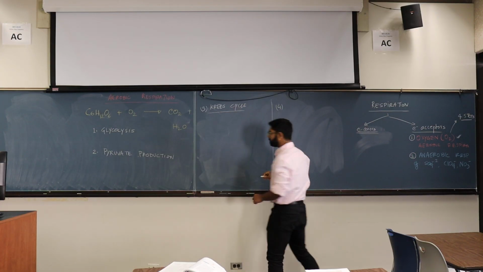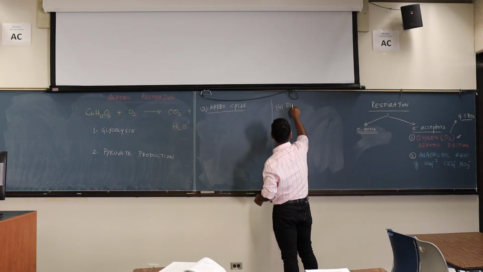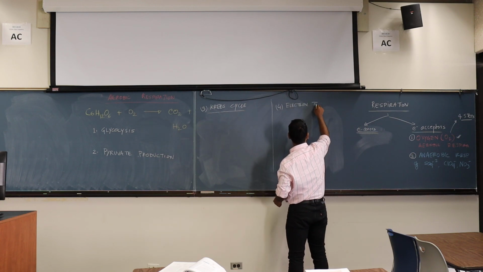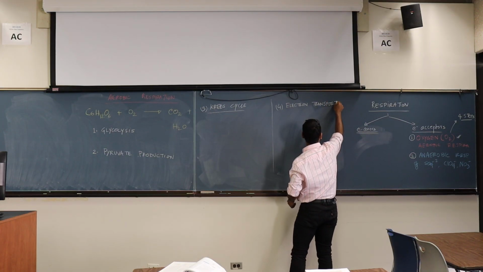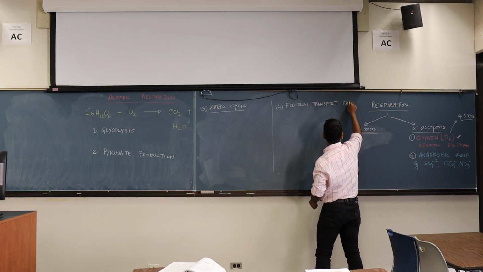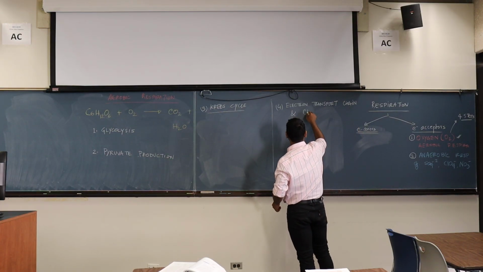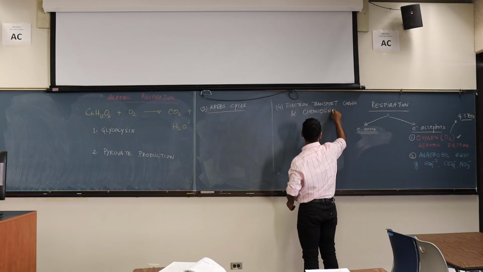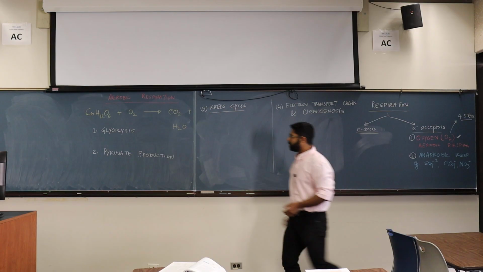And what is the fourth? The electron transport chain. And there is a process that happens called chemiosmosis. It's very simple, but we'll see that.